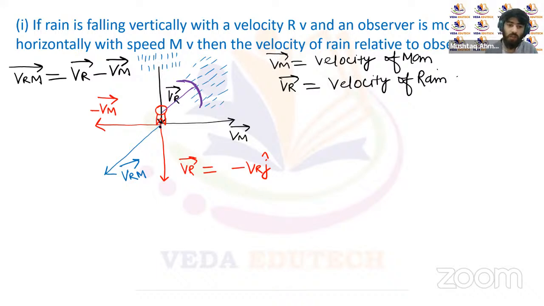So if VRM is in this direction, then opposite to that direction he has to keep the umbrella, and then he will be able to protect himself from the rain.